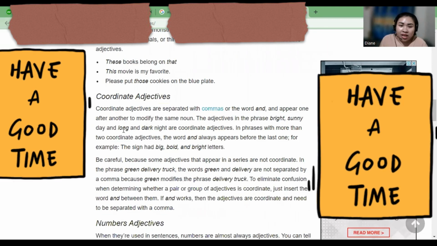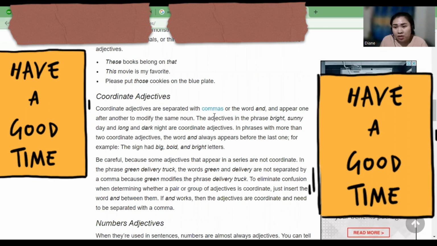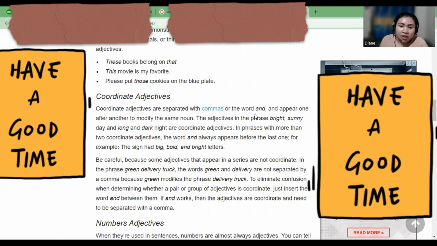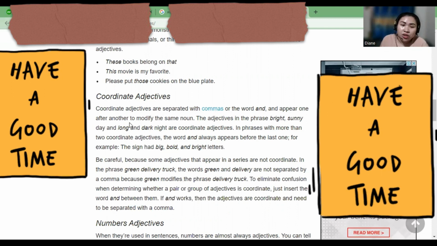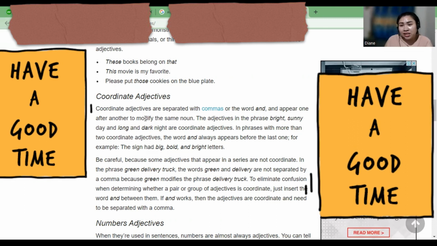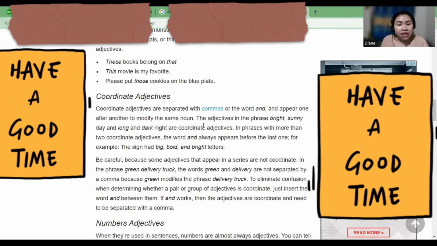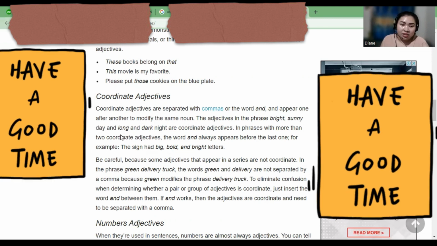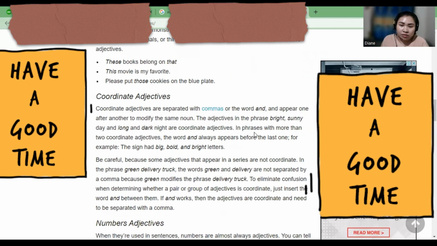Now let's move on to coordinate adjectives. Coordinate adjectives are separated with commas. We use commas or the word and when they appear one after another to modify the same noun. Take note that they modify the same noun. The adjectives in the phrases bright, sunny day, and long and dark night are coordinate adjectives.